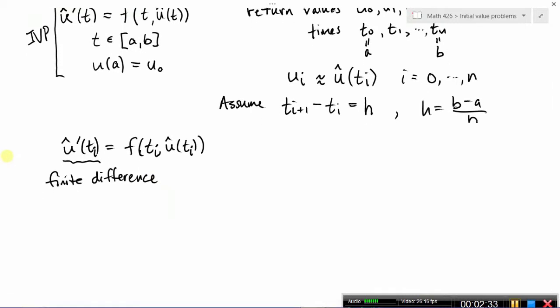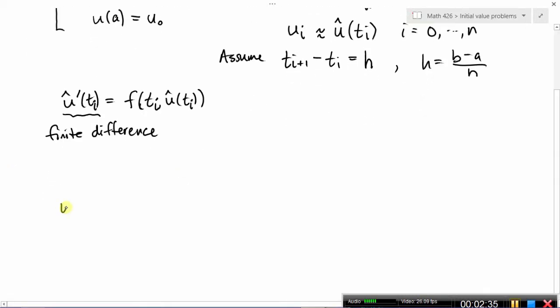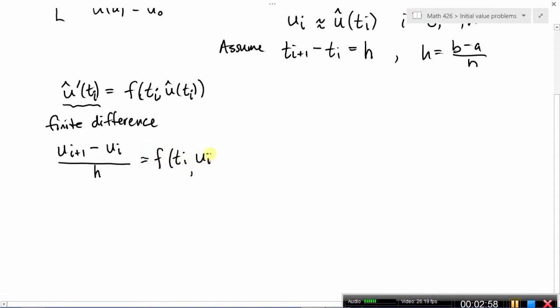So what we'll say is that the value of the solution at time i plus 1 minus the value at time i, over h, that's the finite forward difference for u prime at ti, should equal the right-hand side here. But we don't know the exact solution, so we have to put in the most recent approximate solution.